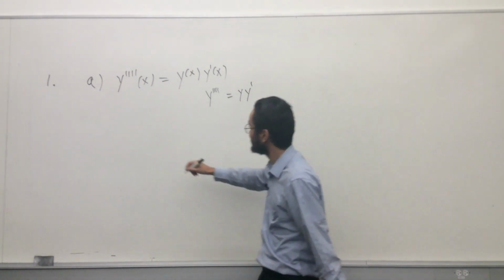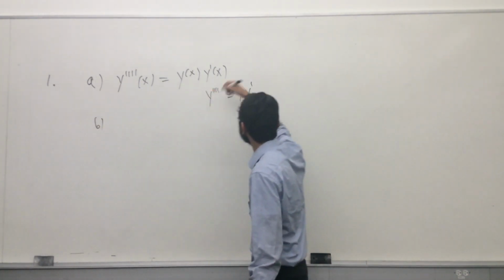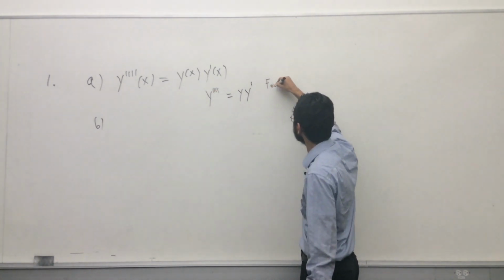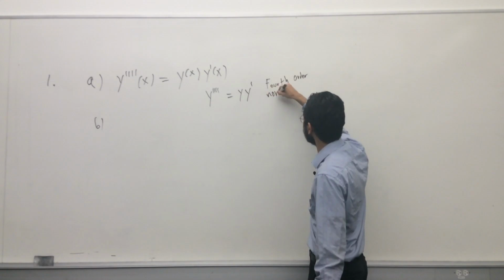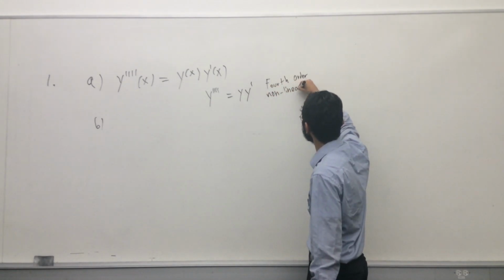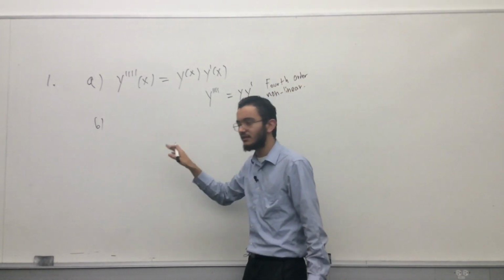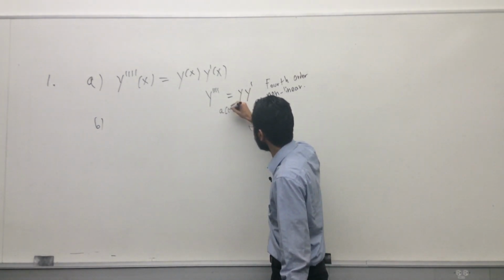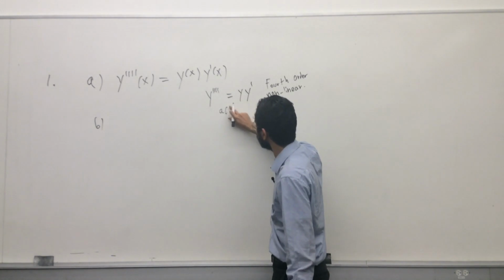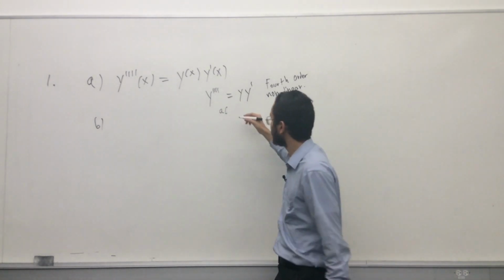So for part A, let's just write: 4th order, nonlinear. Linear differential equations are usually in the standard form, which will be something like this: some function a of x, or a of t if you use t, it doesn't matter.